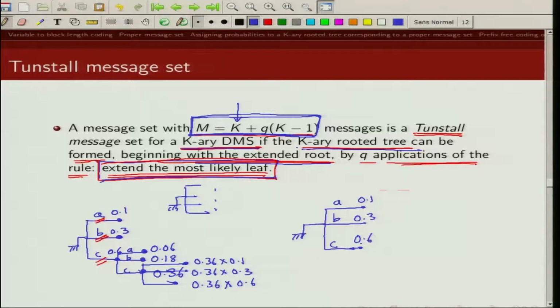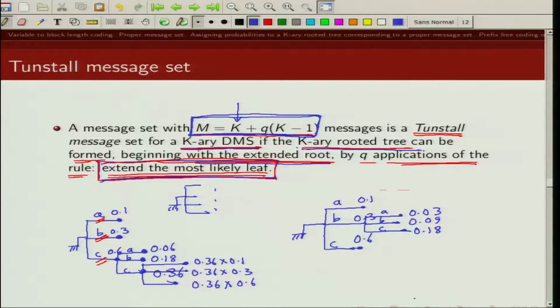Now according to the Tunstall message set rule, I should be extending this particular node. But if I don't extend this node, let's say I extended this particular node. So then for this node, this is A, B, C, this probability is 0.3 into 0.1, that's 0.03, 0.3 into 0.3, 0.09 and 0.3 into 0.6, that's basically this.